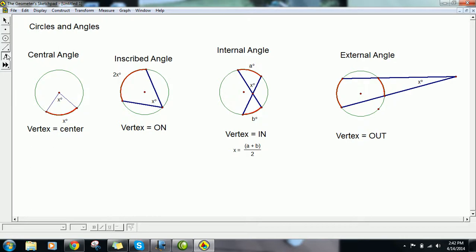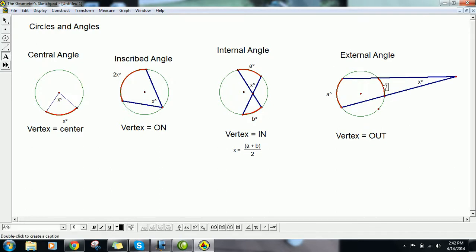So again, let's suppose that this arc here had a measurement of A degrees, for lack of a better term, and this smaller arc here had a measure of B degrees.